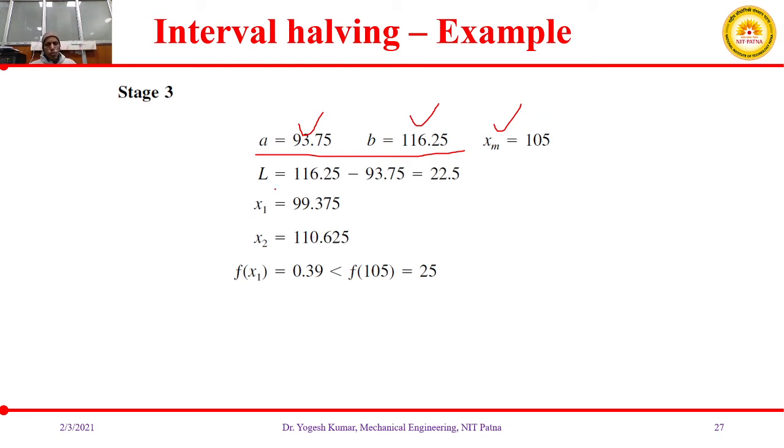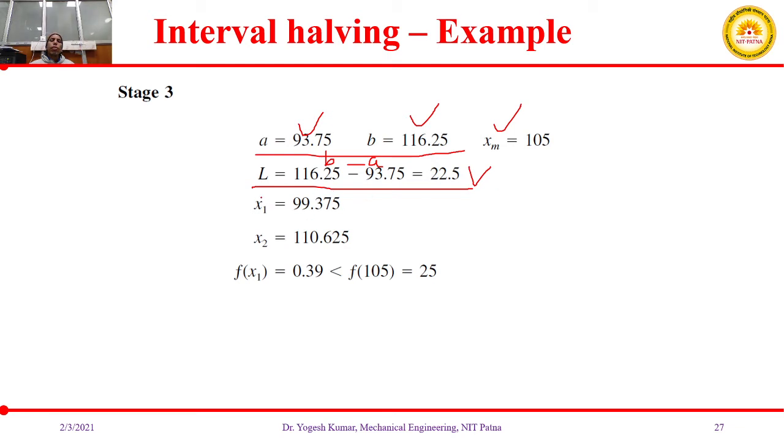Okay, so let us now again calculate the length of your search interval. This will be L equal to 116.25 minus 93.75, that is obviously B minus A. This will be equal to 22.5.